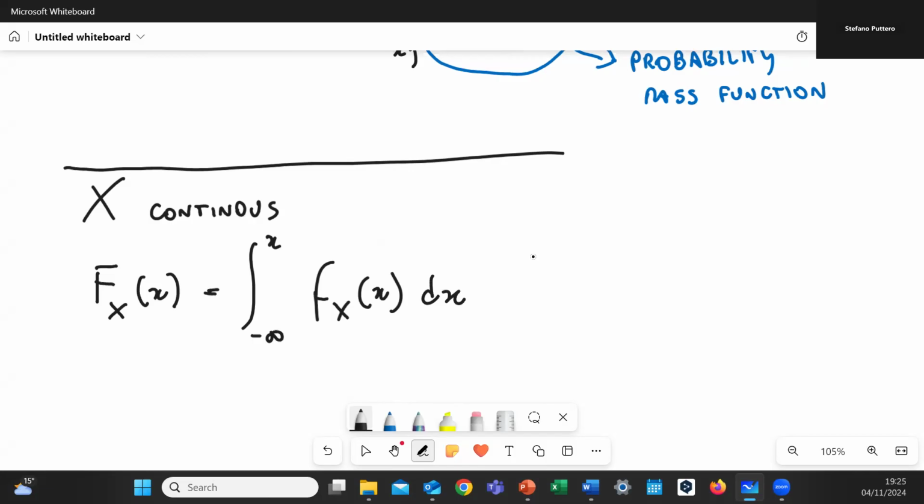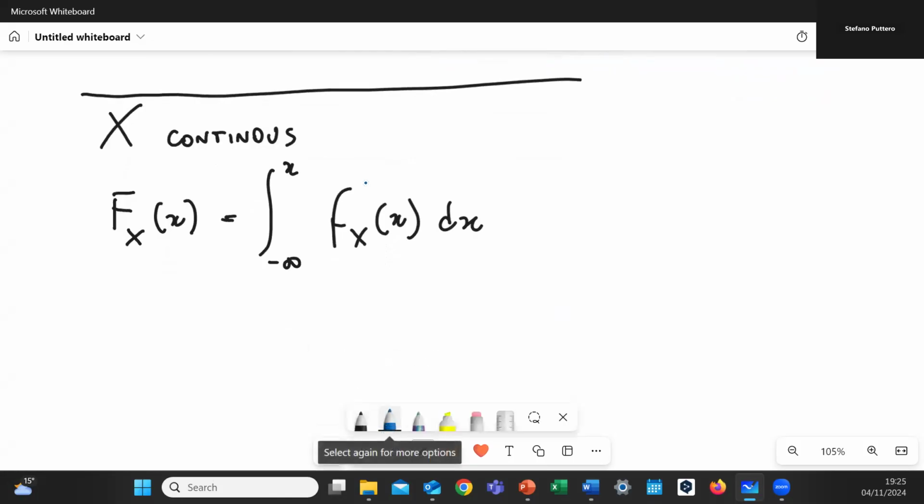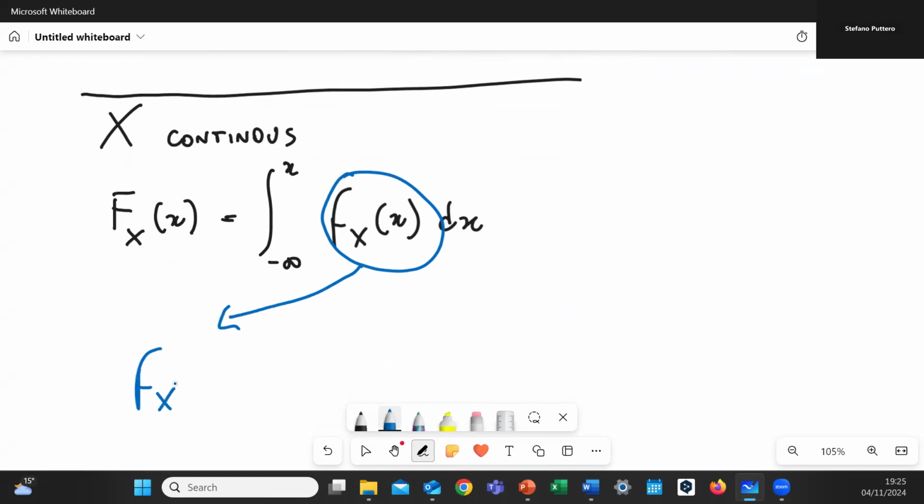The point is that to get the value of the probability density function, we have to differentiate the cumulative distribution function. So f_X of x is equal to what?